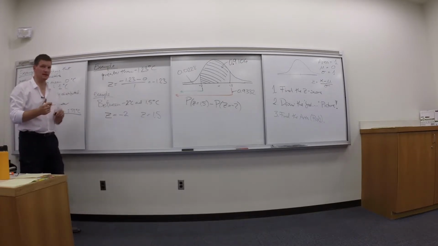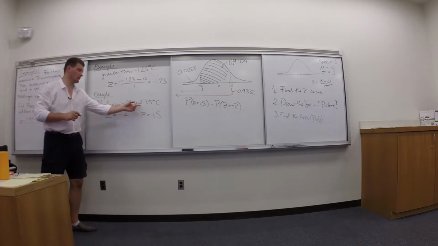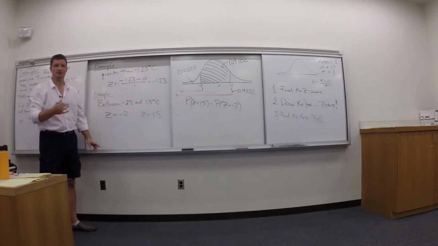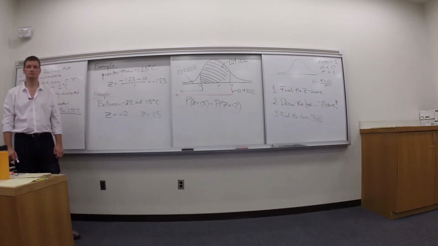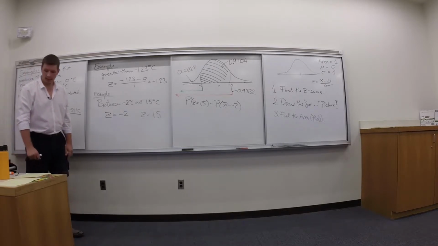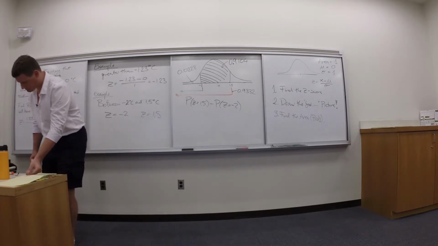The probability of selecting a thermometer which reads between negative 2 and 1.5 degrees Celsius is 91.04%. So far so good? Everybody with me somehow, maybe? Okay. All right, let's keep on going.